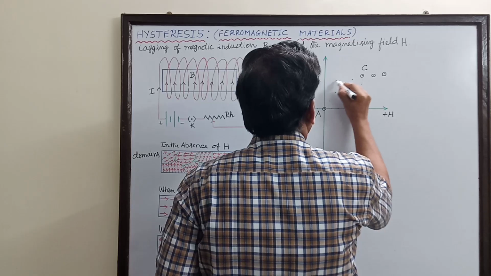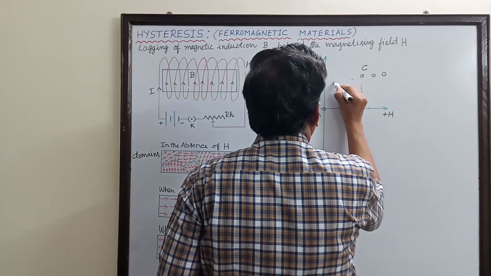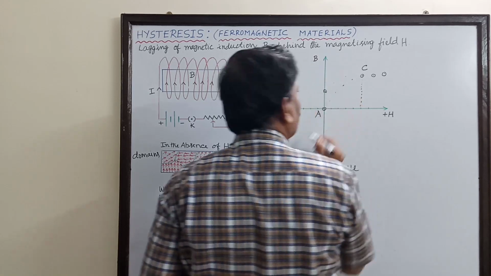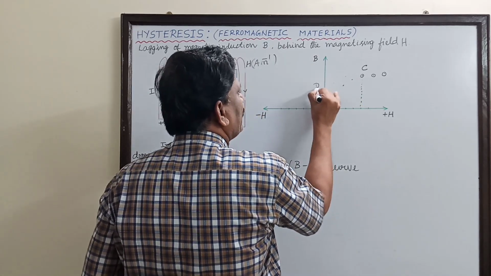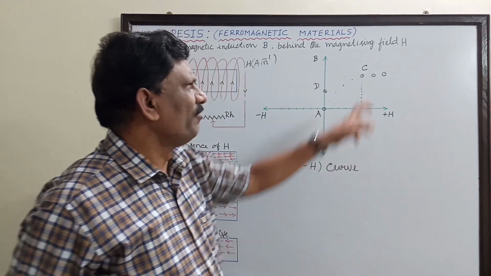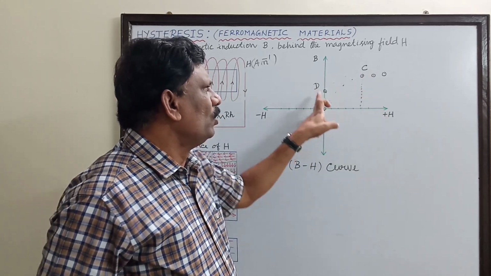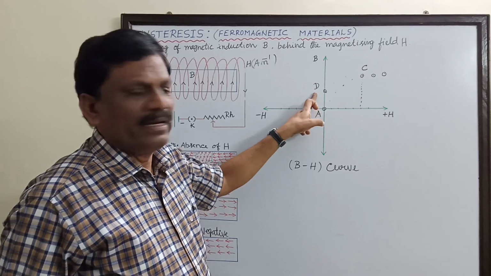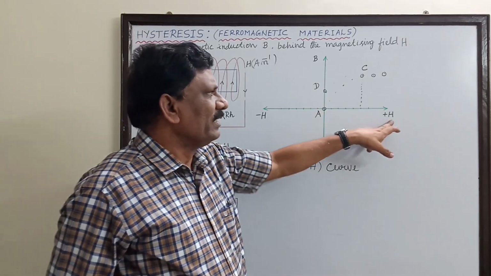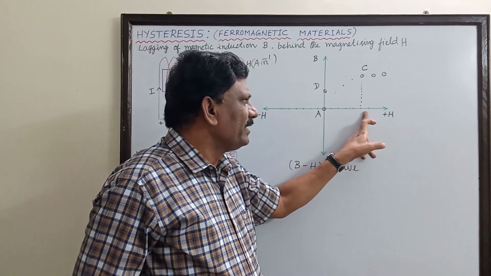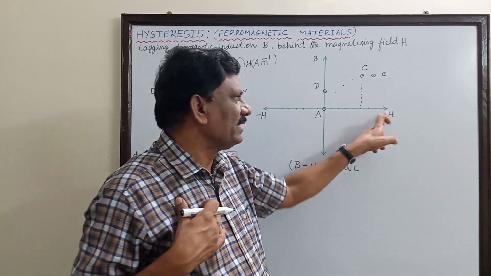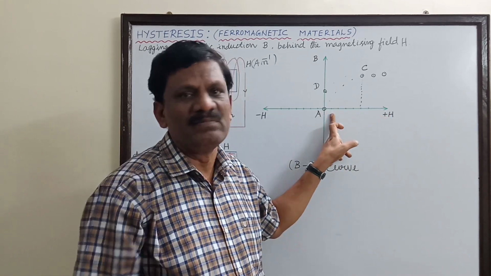So what is that path? It is found to retrace along some other direction like this. So this point is D. From C to D, it is retracing in a different path. Now I find that when H was decreased from maximum to 0, I expected that when H has become 0, B also will become 0.